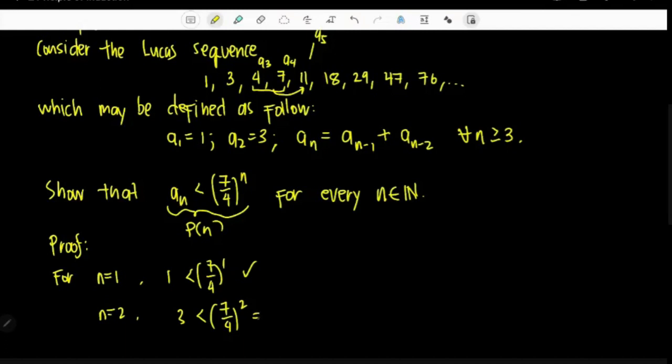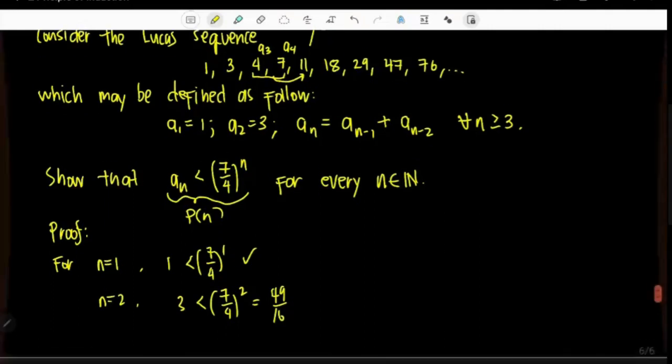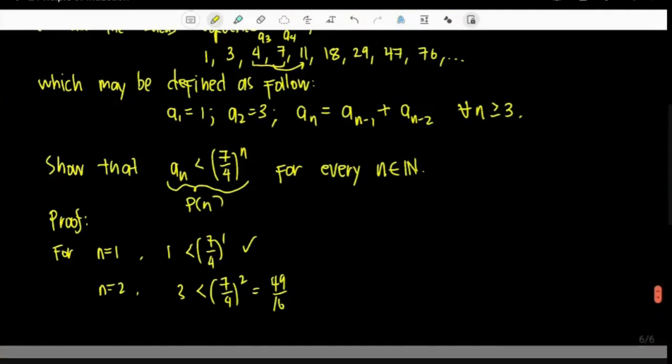We know that 7 over 4 squared is 49 over 16, right? And we know that that's greater than 3. So this is also true. So we already have a basis. Actually, you just have to compute that for n equals 1. I just wanted to show that it's also true for n equals 2. And you can also check that it's true for n equals 3 and so on. So that's our basis for induction.